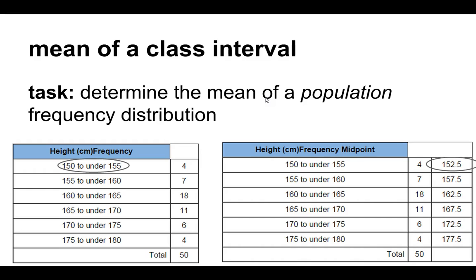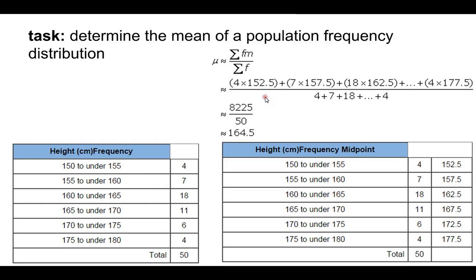For this whole frequency distribution, we are working with a population, so our formula has to be adjusted to include the particular variables we use with a population. So we've got 150 to 155, average of 152.5, and 155 to 160 with an average of 157.5. Now, since it's a population, we're using mu, but that's pretty much it.